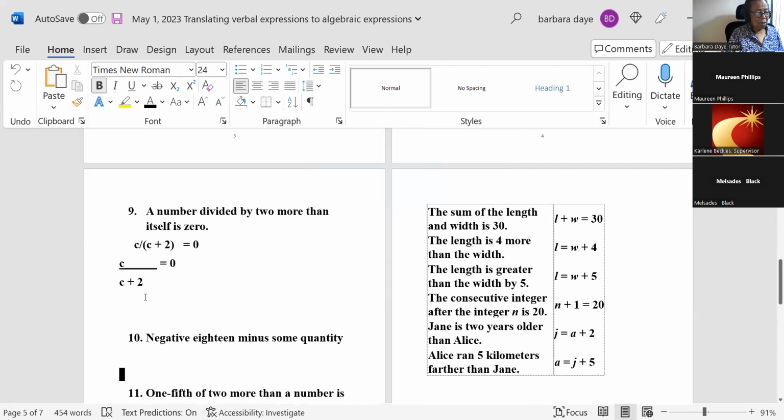A number divided by two more than itself is zero. It's equal to zero because it said is zero. Now, if you want to solve this, C plus two times zero is zero. So C is zero. Zero divided by C plus two is zero. Yeah, so that's the answer. If you want to solve for the number, C is zero.